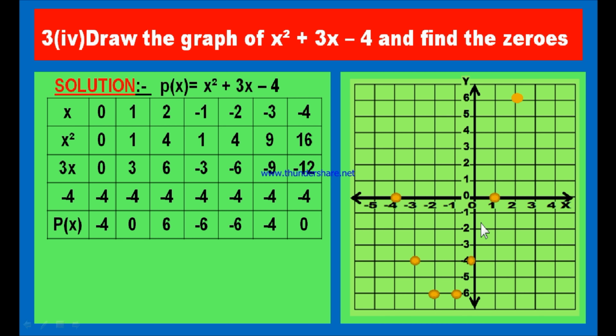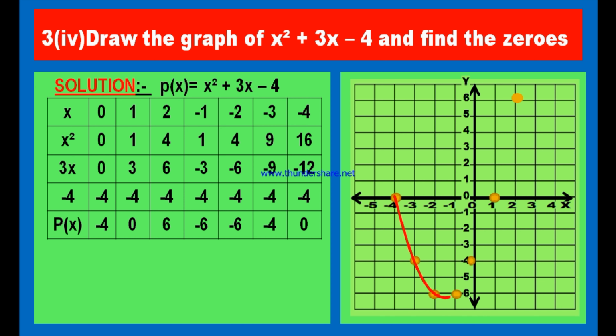Now we have to join them with free hand so that you will get a parabola. As the given polynomial is a quadratic polynomial, the shape of the curve is a parabola, we know already. Look here. This parabola is to be drawn with free hand by joining all the plotted points. Here you may see once again.